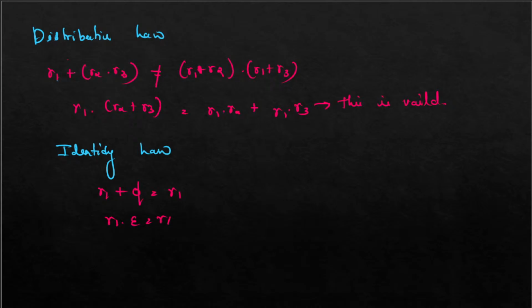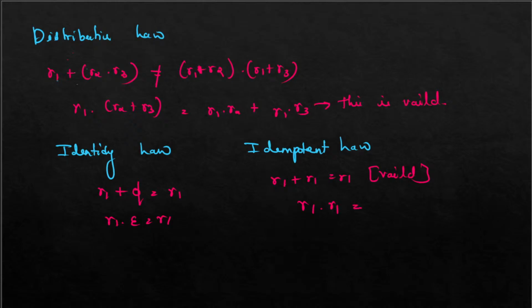Let's discuss the idempotent law. This is like R1 plus R1 equals R1, and this is valid. But R1 into R1 is not equal to R1. So this is not at all valid.